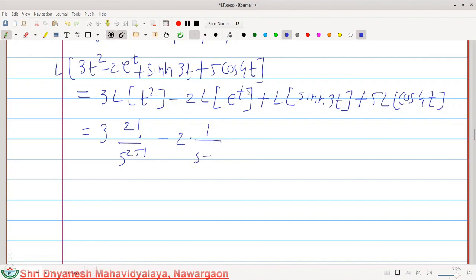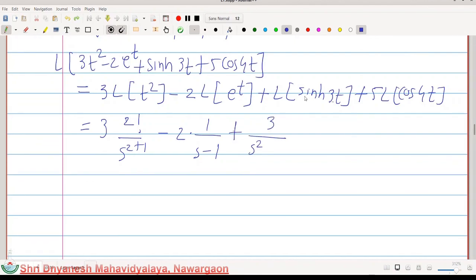Here a means coefficient of t, and coefficient of t is 1. So this is s minus 1. Plus, this is a sinh function, so its Laplace transform is a upon s square minus a square. So this is 3 upon s square minus 3 square, that is 9.